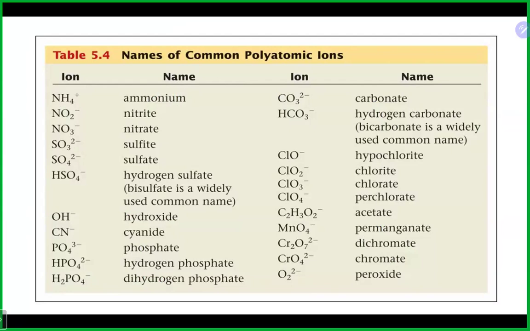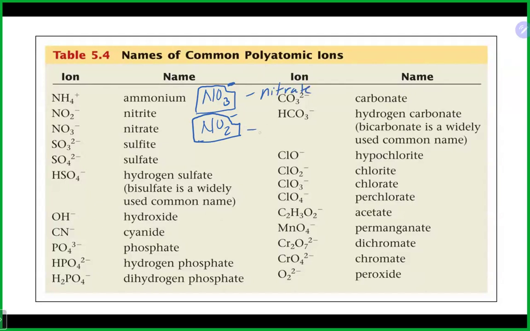So, for example, if we look at NO3 minus, which is 1 nitrogen and 3 oxygens, and NO2 minus, which is 1 nitrogen and 2 oxygens. NO3 minus is, as we just saw, the nitrate, ATE.